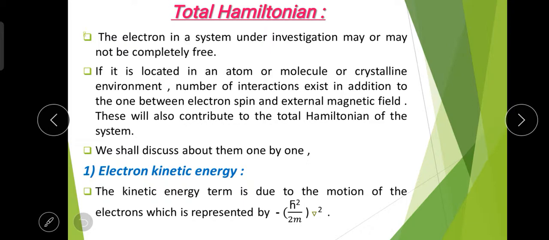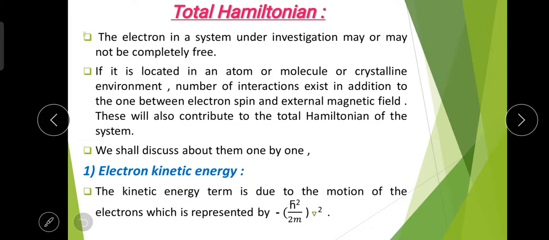If it is located in an atom or molecule or crystalline environment, a number of interactions exist in addition to the one between electron spin and external magnetic field. These will also contribute to the total Hamiltonian of the system.